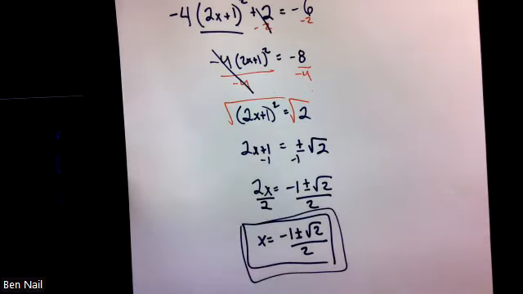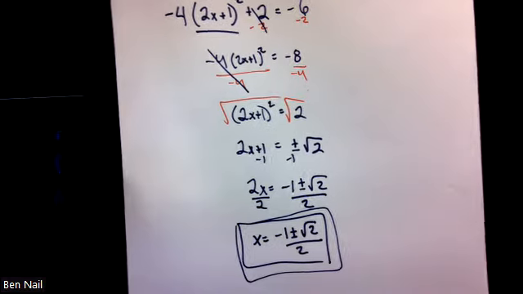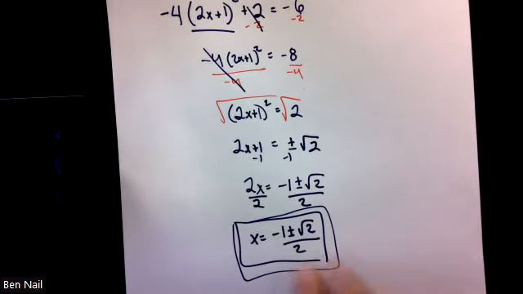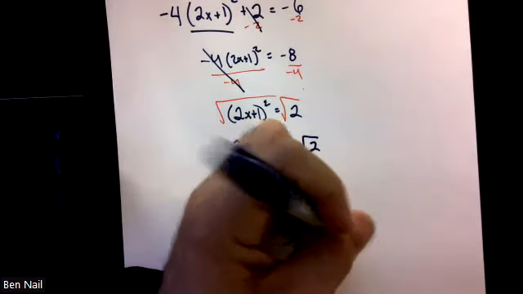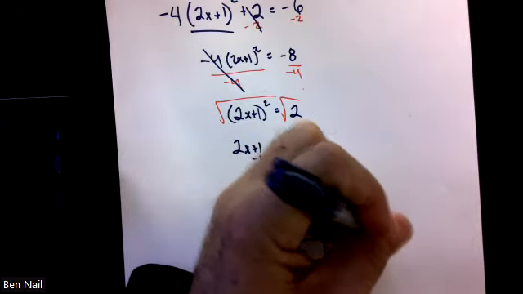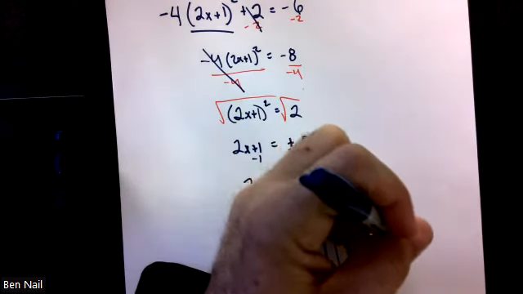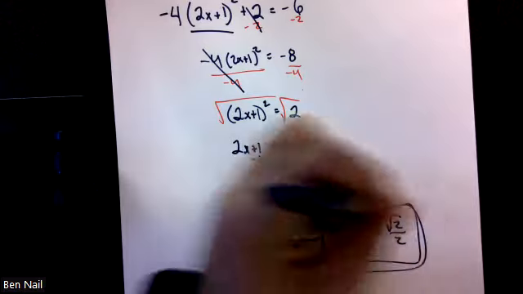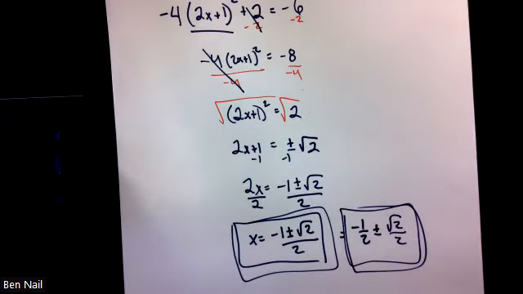I'm perfectly fine with this as a solution. I think that's a great way to write it. You can actually split this up as well. You could do negative 1/2 plus or minus the square root of 2 over 2 if you like that. I'm indifferent. This and this mean the exact same thing. So just pick one. They're both good. Neither is better or more right than the other.